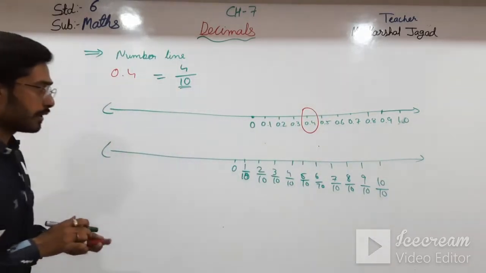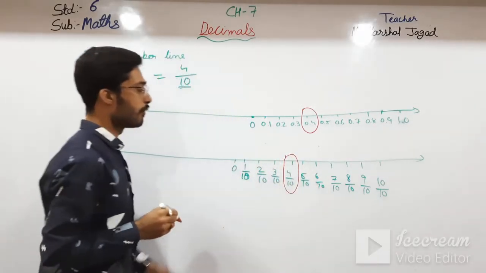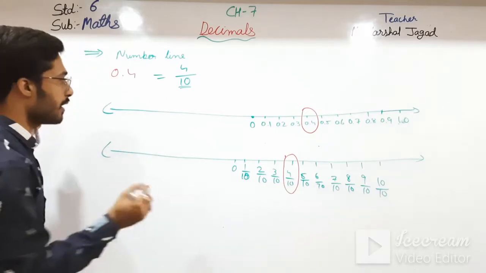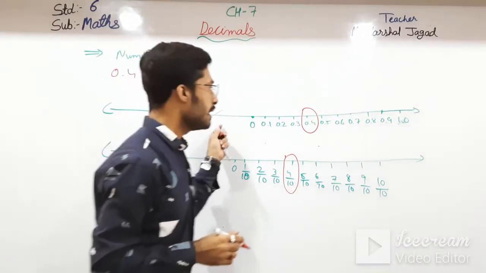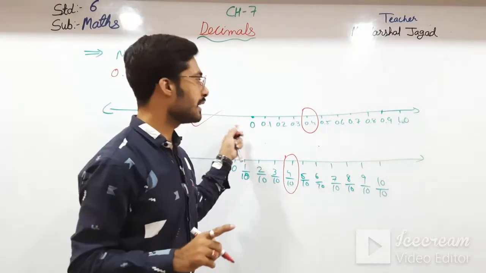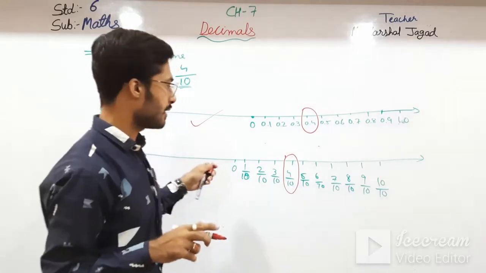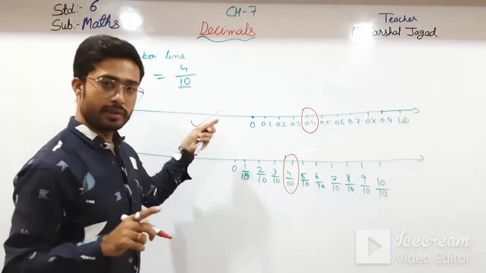So from here you can see we can also give this answer, that is 4 by 10. Both are correct, but you have to do this one, okay, because we are representing decimals on the number line, not fractions. I'll just do this for understanding. Okay, you have to do this only.